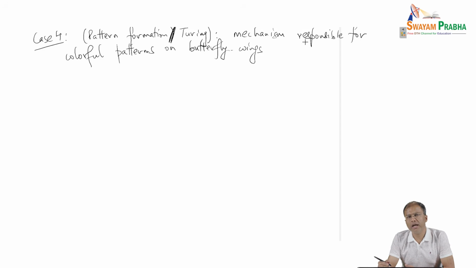As listeners can clearly understand, we are solving coupled partial differential equations. But one way to solve these problems of pattern formation is via dimensional analysis. We will see how.